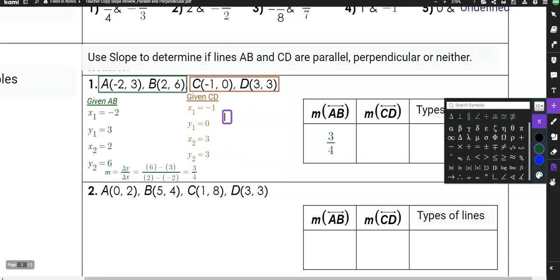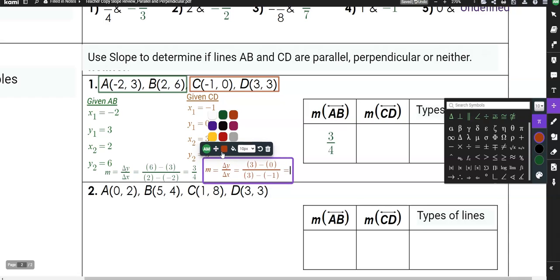Let's go ahead and do our substitution. Let me change color. So our slope is going to be equal to our change in y over our change in x. And that's going to be equal to our y2, which is 3, minus y1, which is going to be 0, over our x2, which is also 3, minus our x1, which is negative 1. And we can run that information through.